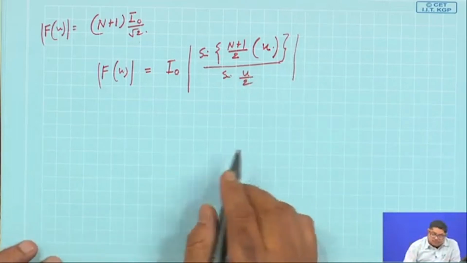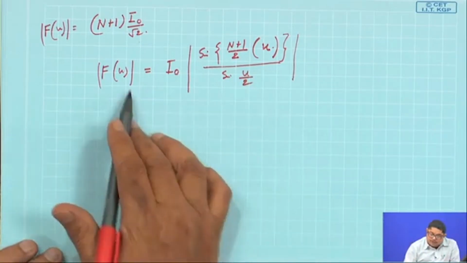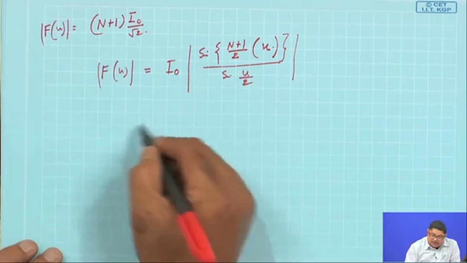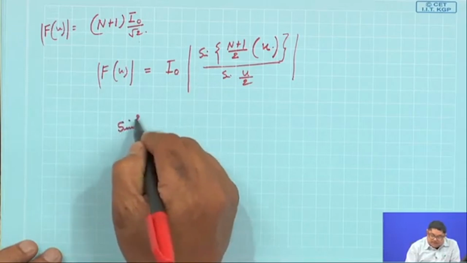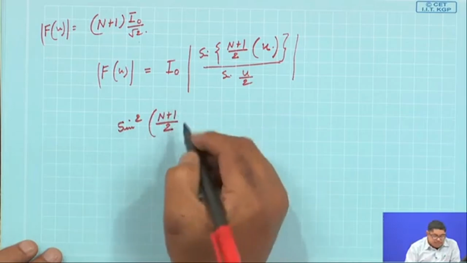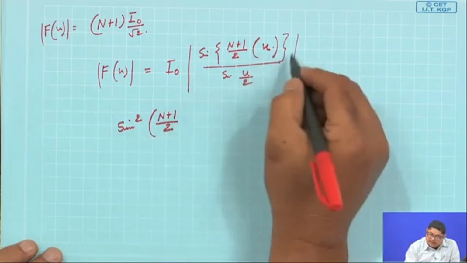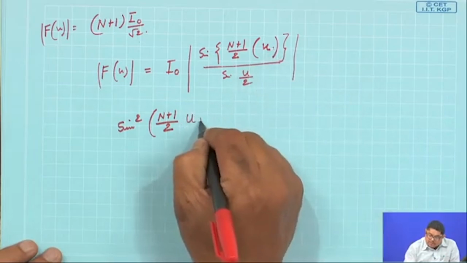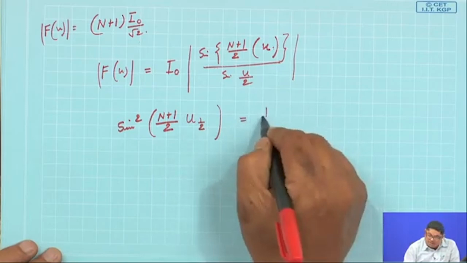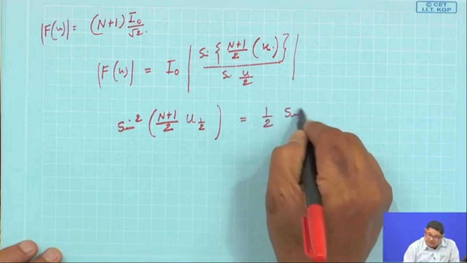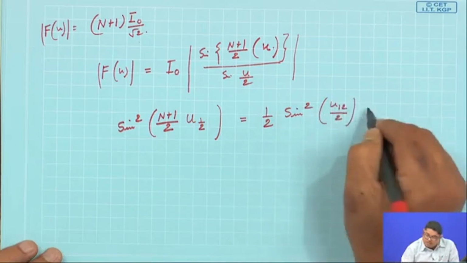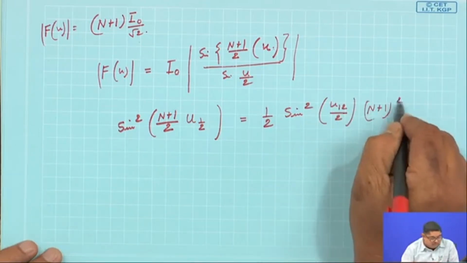So, we can put this value (n plus 1) I naught by root 2, and then we can write sine square((n plus 1) by 2) times this angle, which we are calling u half, is equal to half, sine square(u half by 2) times (n plus 1) whole square.